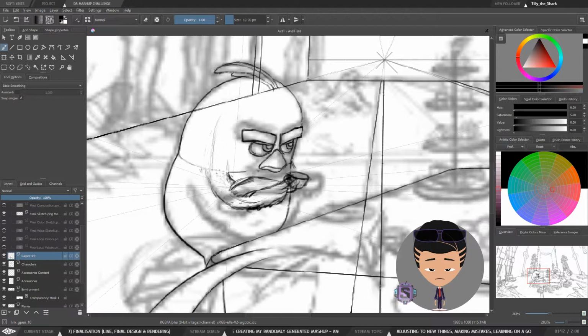It's going to be partially visible in here.